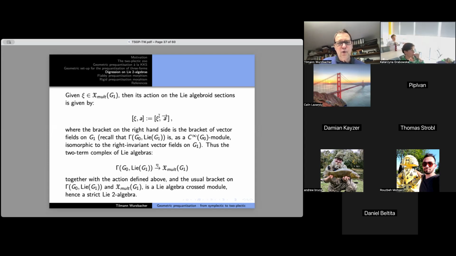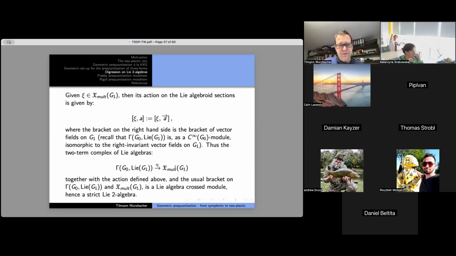I can take the commutator in the sense of vector fields, and I have to check that this is still a right invariant vector field, so it's associated to a section of the algebroid, which is the case, and thus I have an action of the multiplicative vector fields on the sections of the algebroid, and thus in the end I have a crossed module, and I have written it down here.